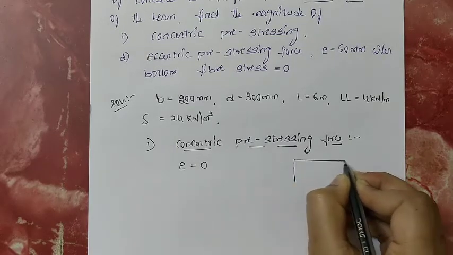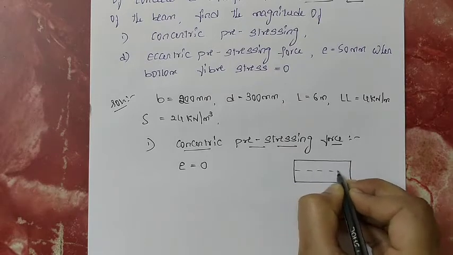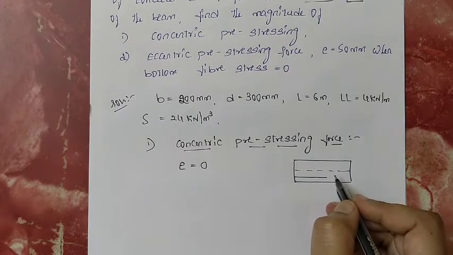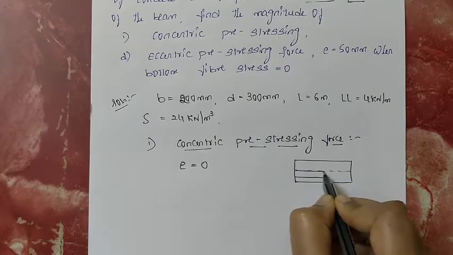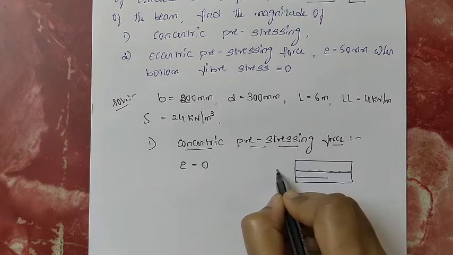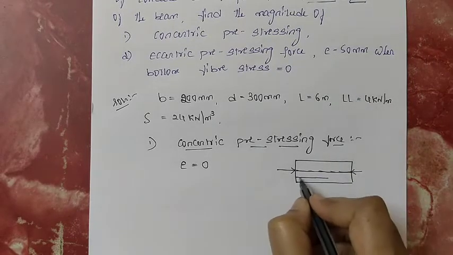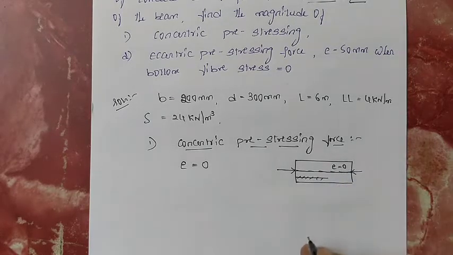If you consider the longitudinal section of the beam, this is the neutral axis. Concentric pre-stressing means it is a straight cable. Eccentricity will be 0 means the cable will be inserted exactly at the neutral axis. That is, eccentricity will be equal to 0.